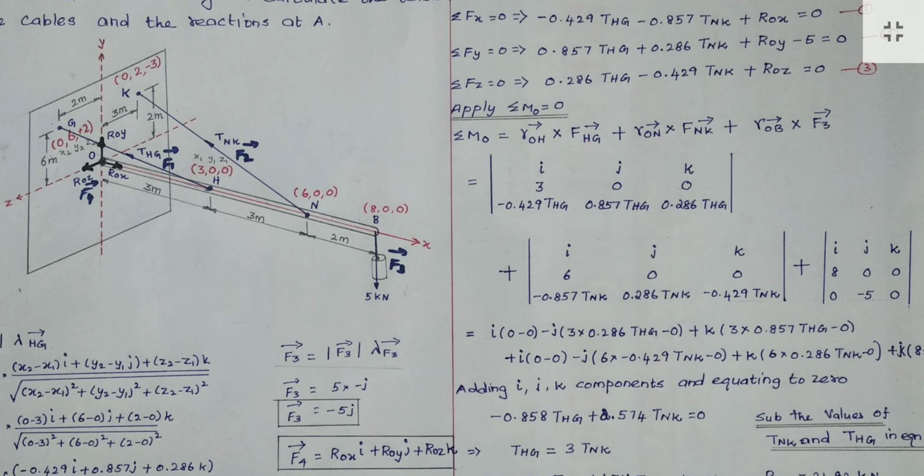So this force is acting from H to G. So position vector means R vector O to H, ROH, because the force is acting from H. Then force vector 2, F2 vector, then R vector means position vector at the point N, ROn. Then F3 vector, which is acting at the point B. So we have to find R vector, the position vector at the point B, from O to B, ROB.